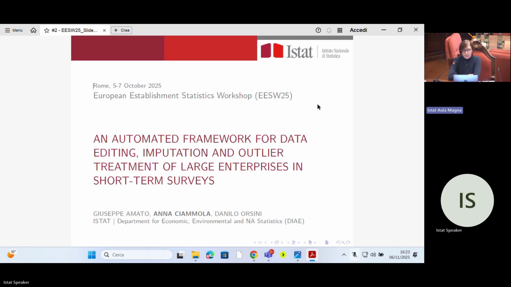It is aimed at describing an automated framework for data validation and imputation for large enterprises whose data are affected by corporate events, and the domain is that of short-term statistics, obviously.